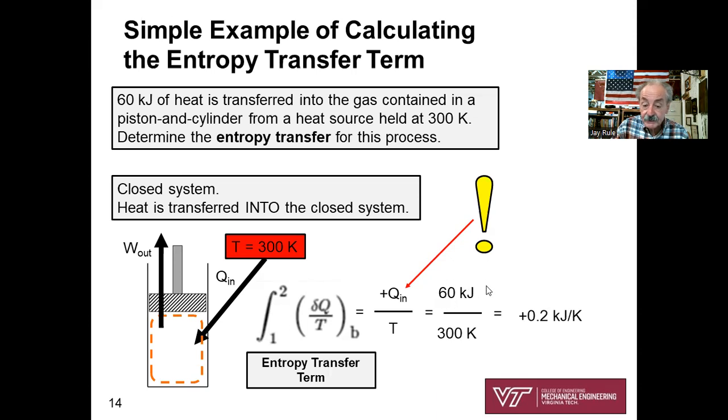So I've got plus 60 kilojoules in the numerator divided by the temperature at which I'm transferring the heat, 300 K, in the denominator. So the math is easy. 60 over 300 is 0.2 kilojoules per K. That's the numerical result of the entropy transfer term. That's the way you do it.